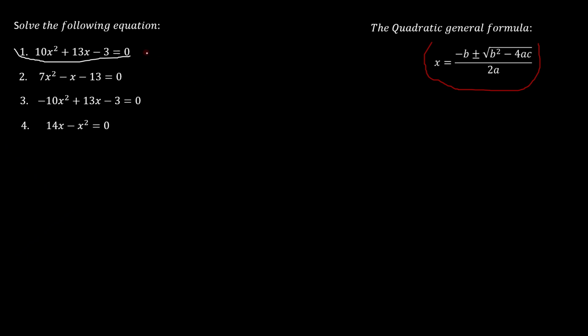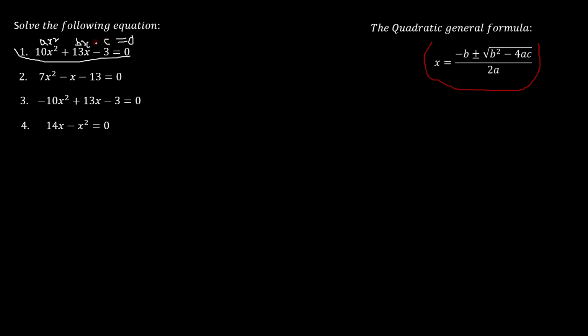So in this number 1, if you write ax squared plus bx minus c is equal to 0, now we know that 10 is a and 13 is b and minus 3 is c.